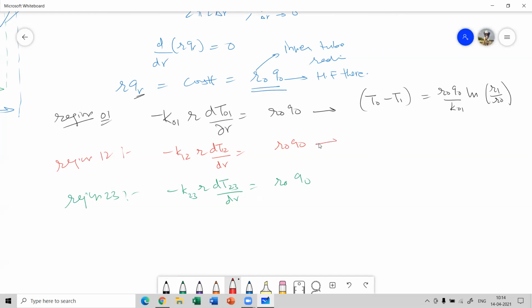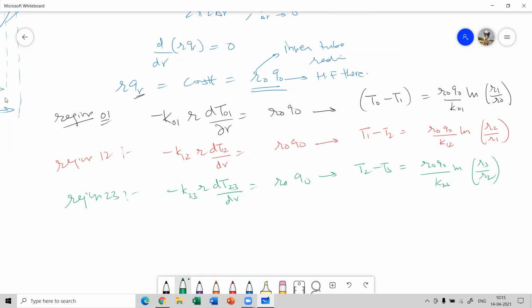Similarly, the second region will give us T1 minus T2 equal to r0 q0 by k12 ln(r2/r1). And finally, the third region will give us T2 minus T3 equal to r0 q0 by k23 ln(r3/r2).